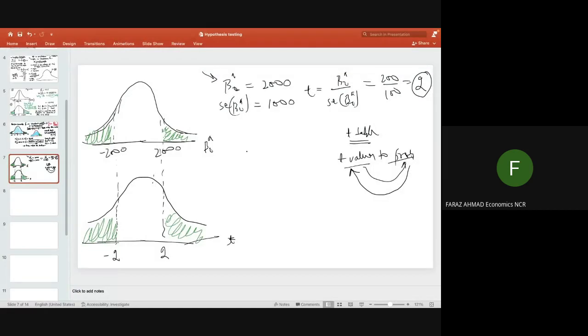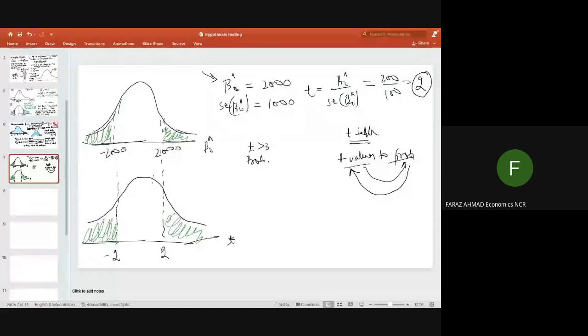For any t distribution, if you are coming to a value greater than 3, probability is very low, right? Always. It's always the case.